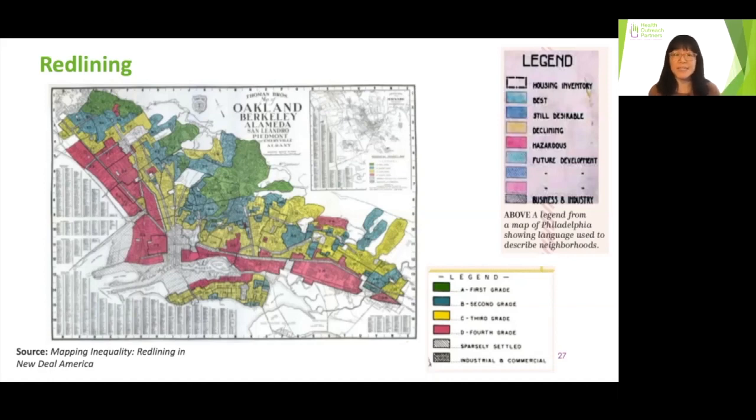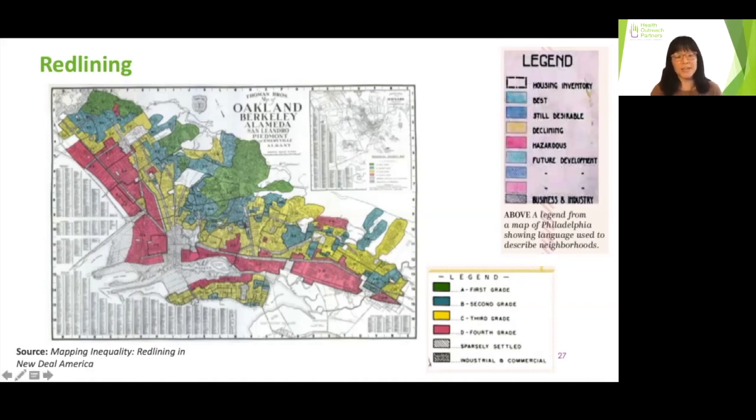So another example of structural racism is redlining. For those who are not familiar with redlining, it is a practice that financial institutions used that excluded Black and non-white families from being able to invest their savings into purchasing homes.